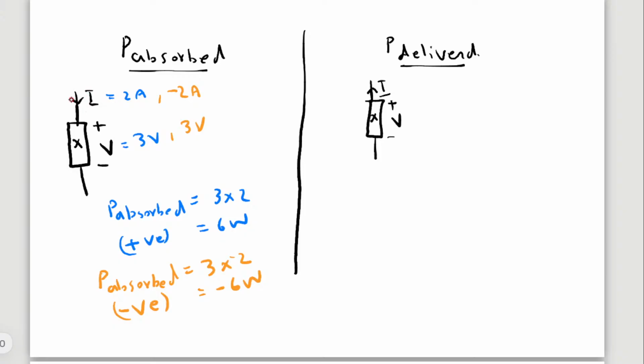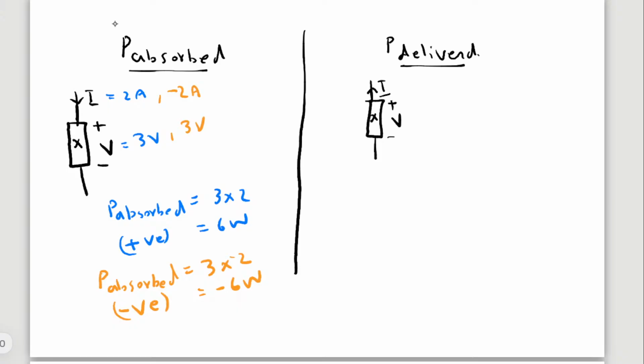Here the polarity is like this, and current is entering the positive side, so it's called absorbed power. This follows the sign convention. We may take I in this direction as 2 ampere and get positive absorbed power. If we keep the direction the same and take I as minus 2 ampere, the defined term is still power absorbed, but the value will be negative 6 watt.